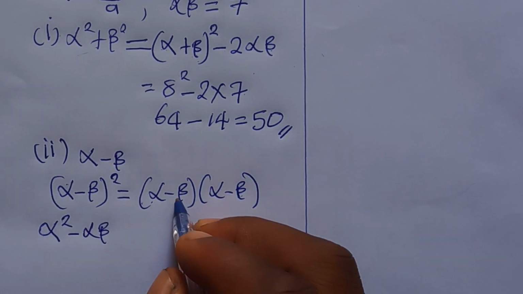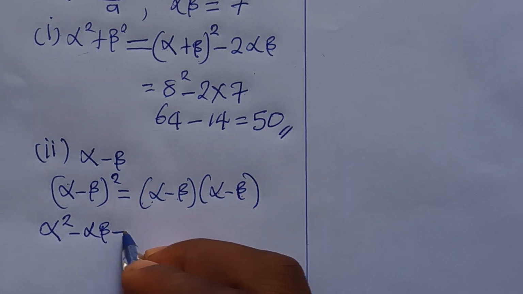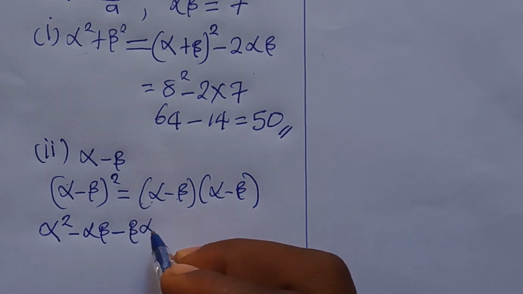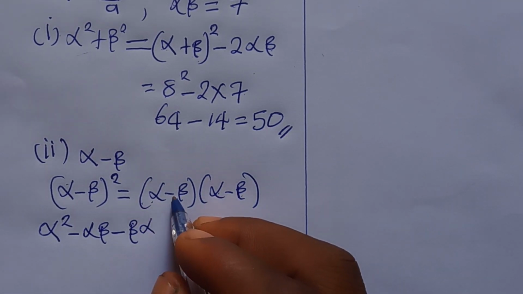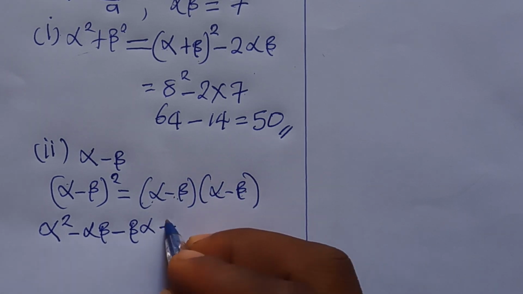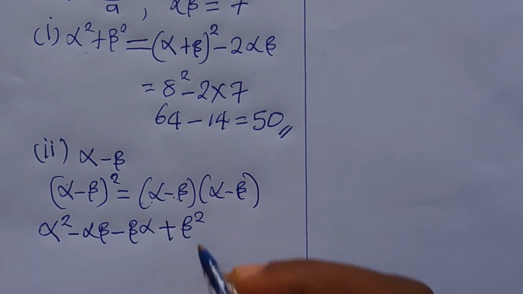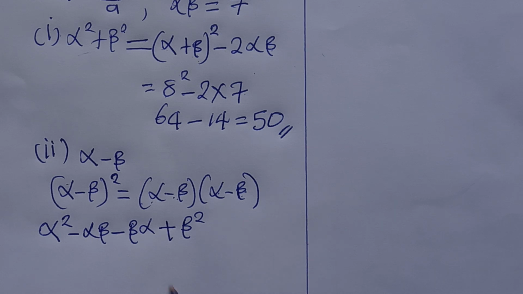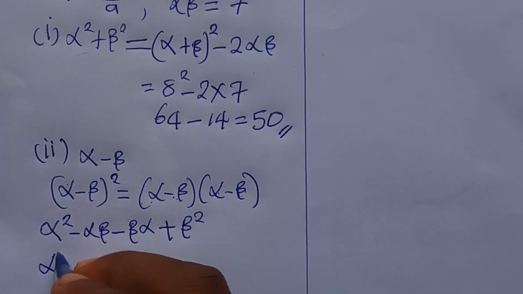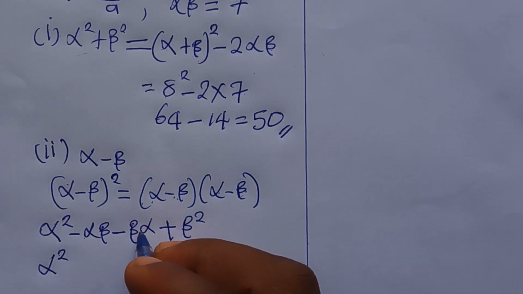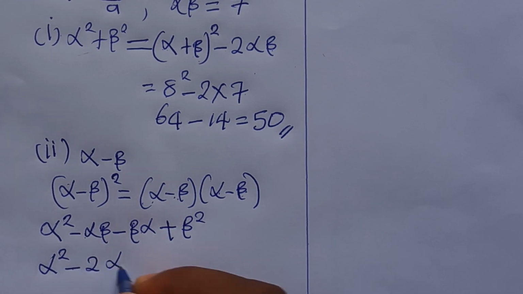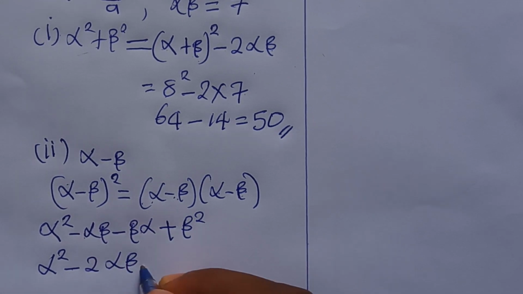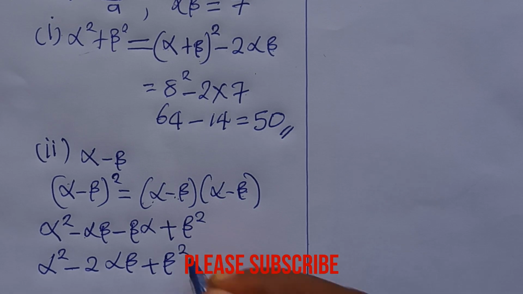Then you have this minus beta multiplied by this, you have minus beta alpha. Anyone can come first. Then negative beta multiplied by negative beta will be positive beta squared. Now at this point, we have alpha squared, this and this will give you minus 2 alpha beta, then plus beta squared.